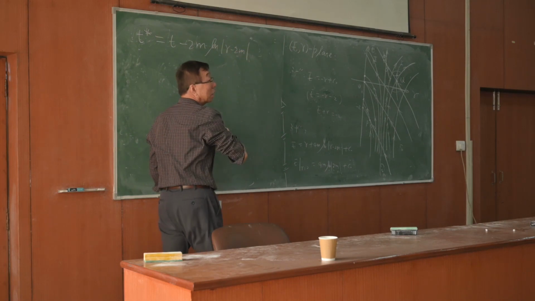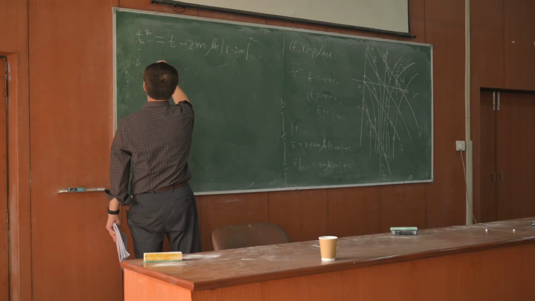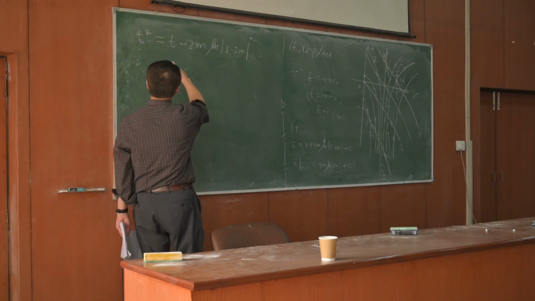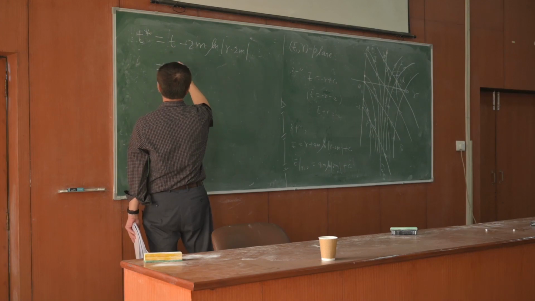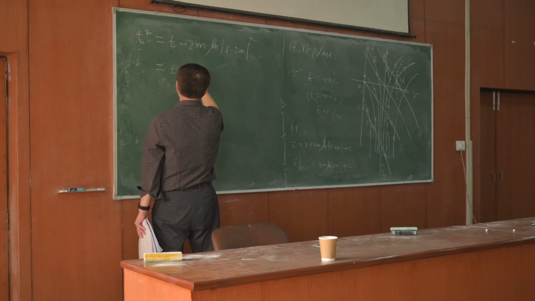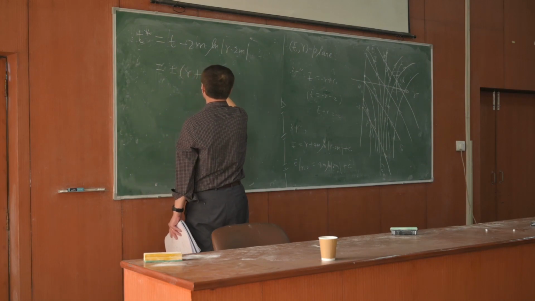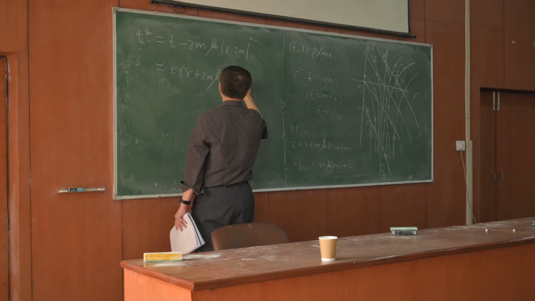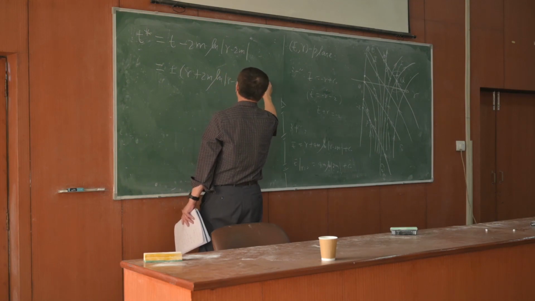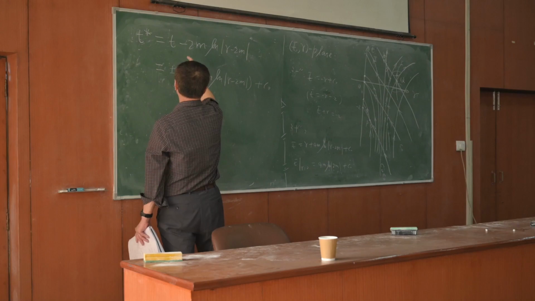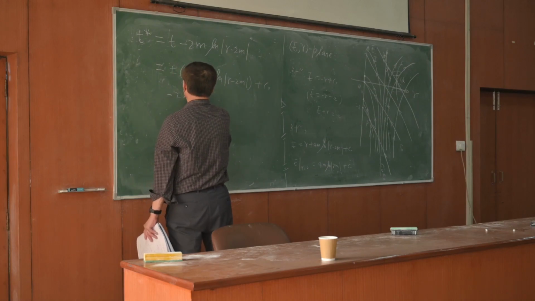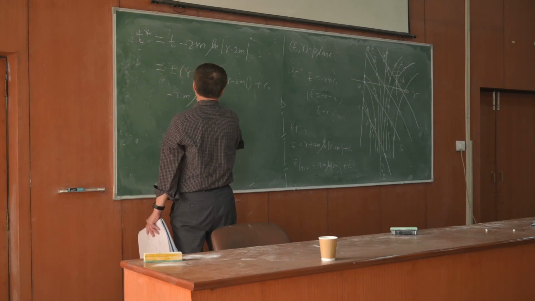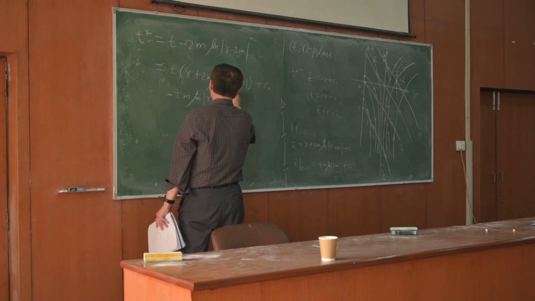This is our T star. But this is actually the coordinate we know around the geodesic: t equals plus or minus r plus 2m log r minus 2m plus c0, then you have minus 2m log r minus 2m, right?